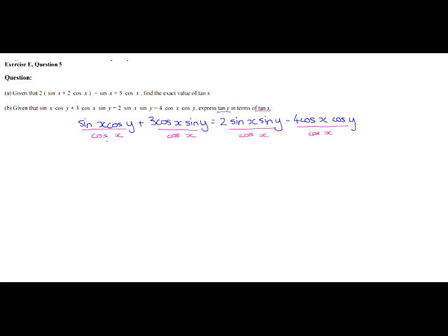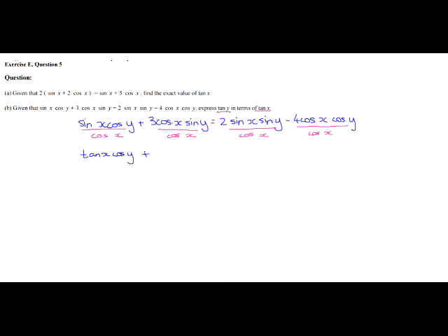Sine x divided by cos x, that's tan x. So that'd be tan x cos y. You think about it, that's just the basic rule. So a lot of people say, well, why is there not cos x under here? This is one term and it's being divided. So you don't divide it twice when there's only one term on the top.